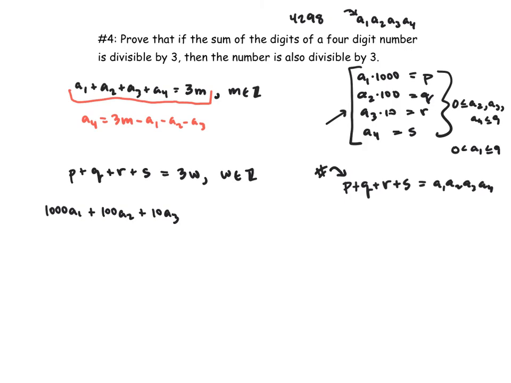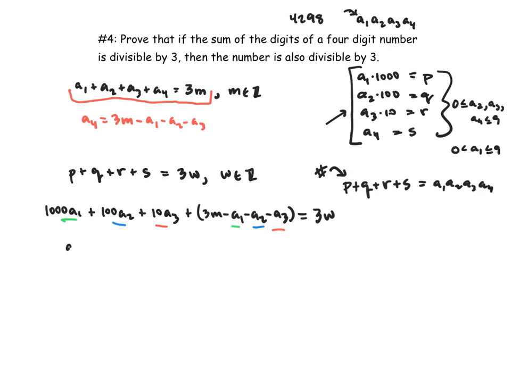Therefore, I will plug in plus 3m minus A1 minus A2 minus A3, and I want to show that this is equal to 3w. As I go, I'm going to combine like terms. You can see that I have like terms here with A1 and A1, A2 and A2, A3 and A3.